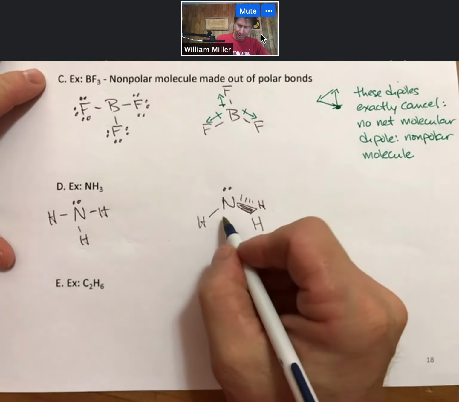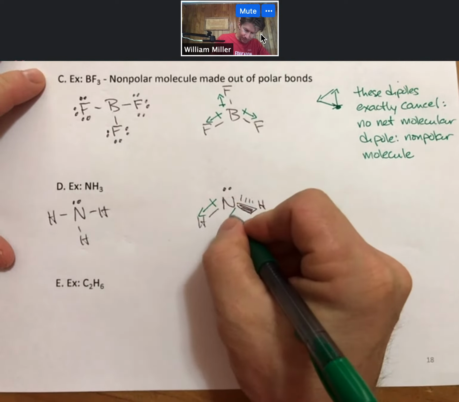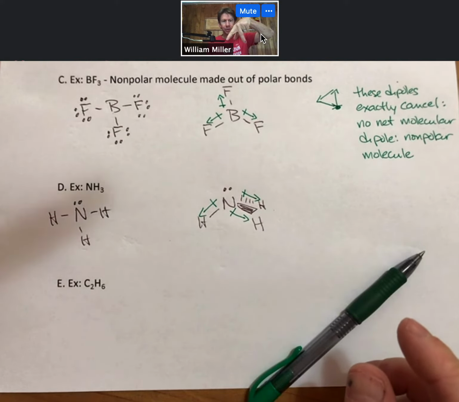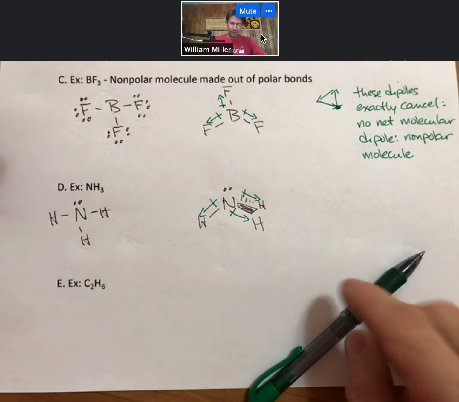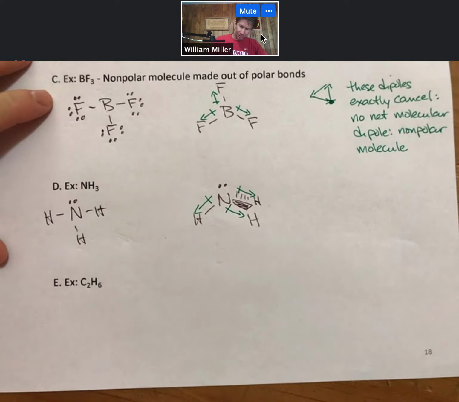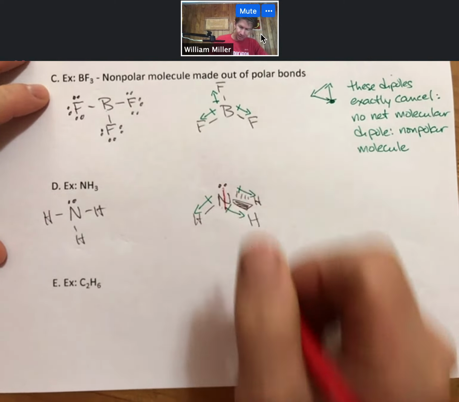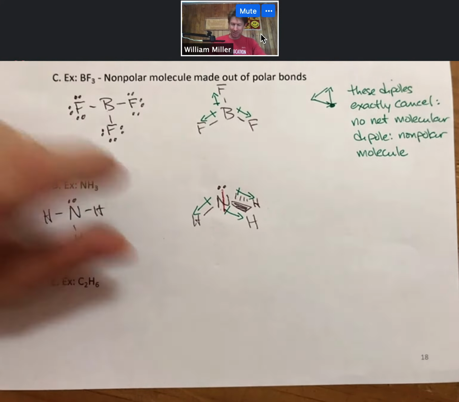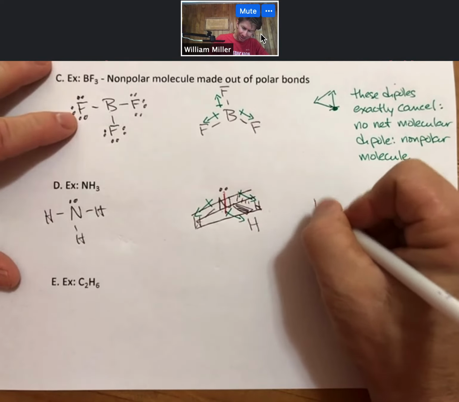It will turn out that when we draw the dipoles, all 3 of those dipoles are going down at angles, and so the net molecular dipole, which I'll draw in red, goes, I apologize. I drew my dipoles incorrectly. I drew them in the wrong direction. Let me do that again.